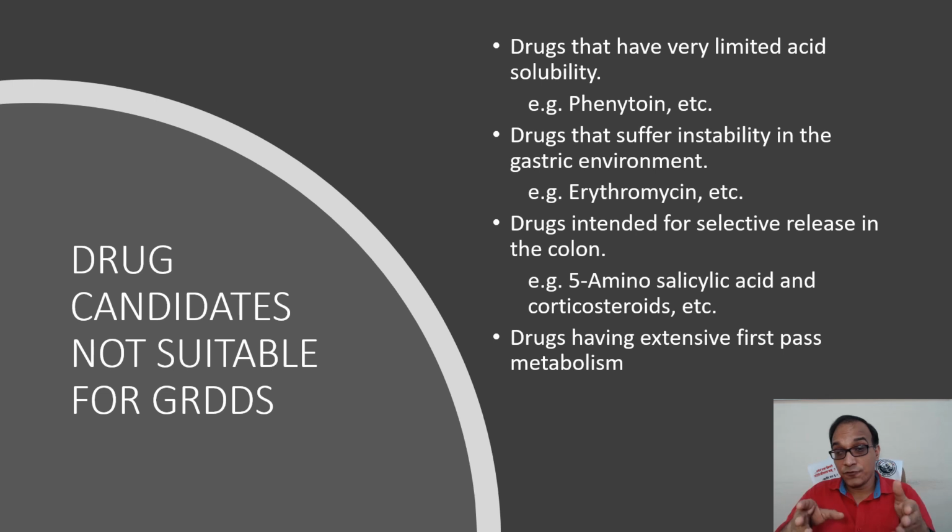Drugs intended for selective release in the colon. Drugs are required in the colon, so why are you preparing GRDDS? For example, 5-amino salicylic acid and corticosteroids. Drugs having extensive first-pass metabolism must also not be prepared in GRDDS form. So you will have to be very rational in the choice of drug for preparing the delivery system.